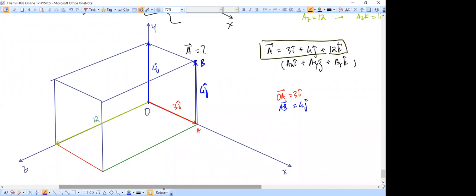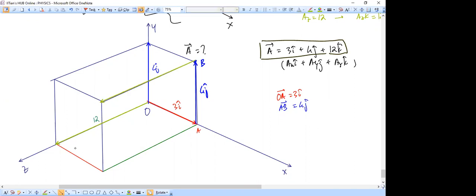Okay. And then I'm doing what? I'm adding 12 k cap to this. So 12 k cap was this vector, but where I'm going from B. So from the point B, I have to make a displacement of 12, but along which direction? Along the z axis. So when I do that, where will I reach? From B, I'll have to draw an arrow parallel to this one, 12 in length.